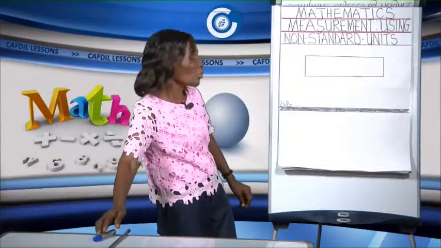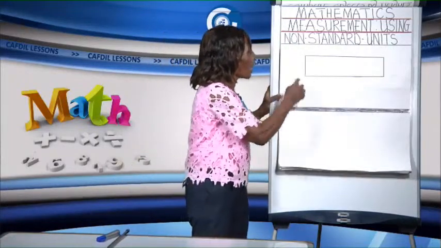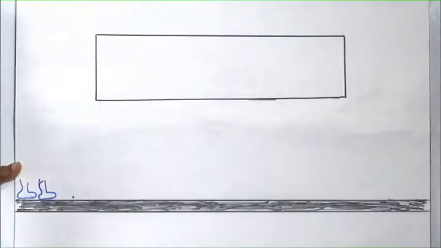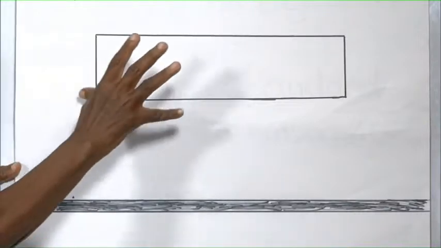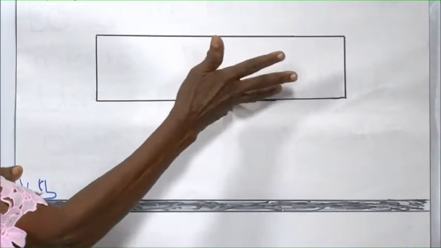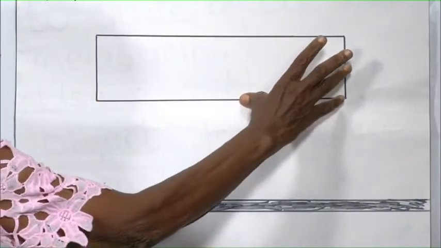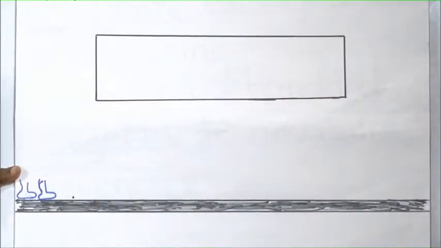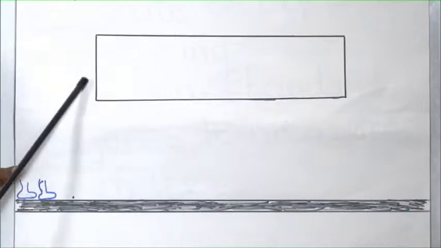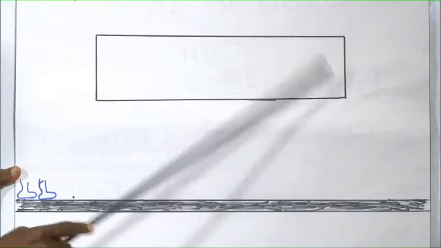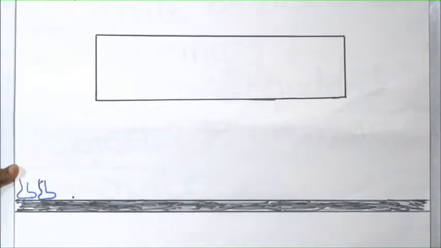Now on the table, just as we have here, he's going to use the hand span. So the hand span will go this way, 1 and then 2. I have 2 hand spans. My hand span, 2 of that, will get to the end of the board. Are you okay?